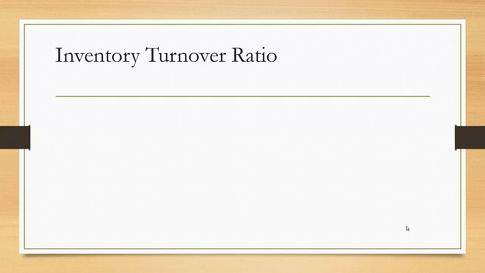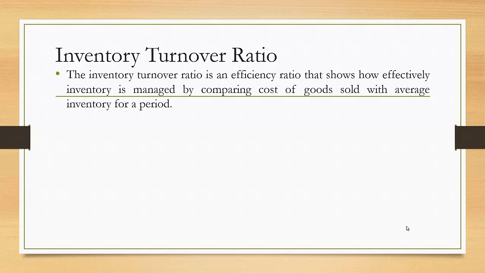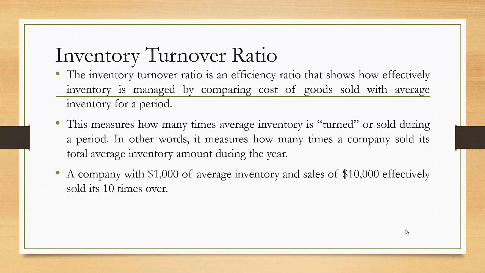The next is inventory turnover ratio. Inventory turnover ratio is an efficiency ratio that shows how effectively inventory is managed by comparing cost of goods sold with average inventory for a period. This measures how many times average inventory is turned or sold during a period.